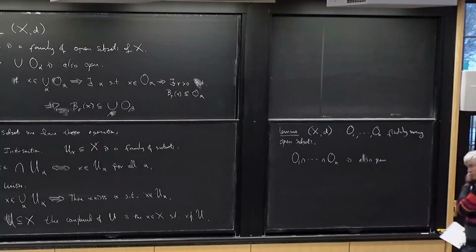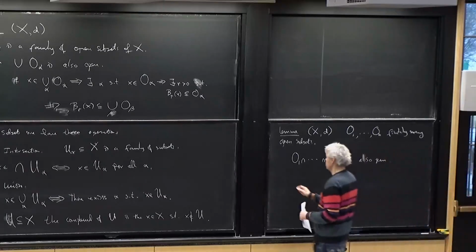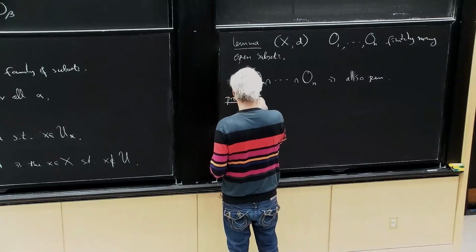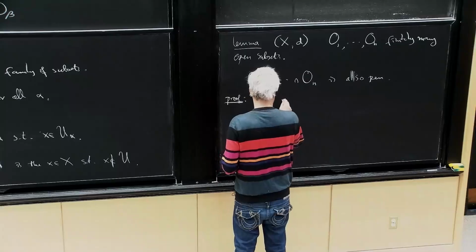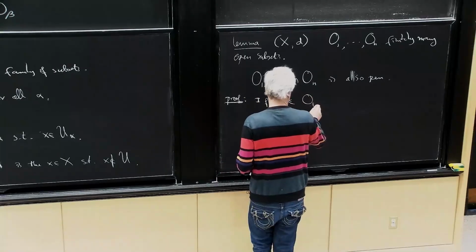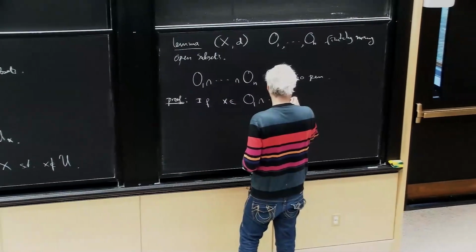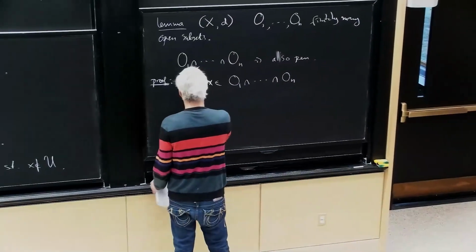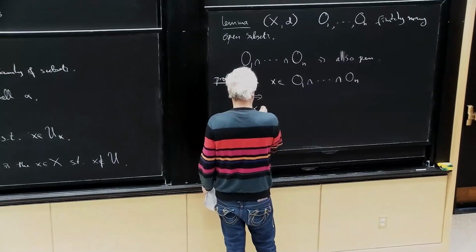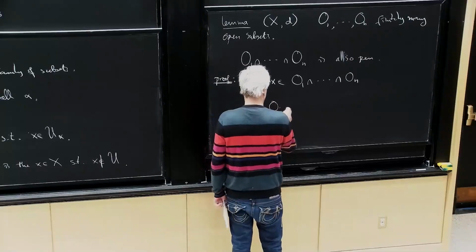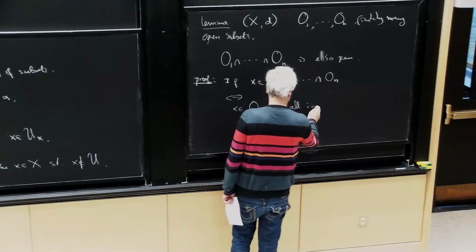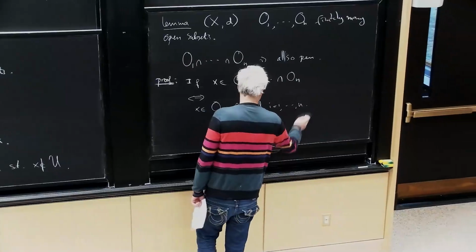Okay, now why is that the case? If x is in the intersection of these sets, then this is equivalent to saying that x is in O_i for all i, i equal to 1 up to n.